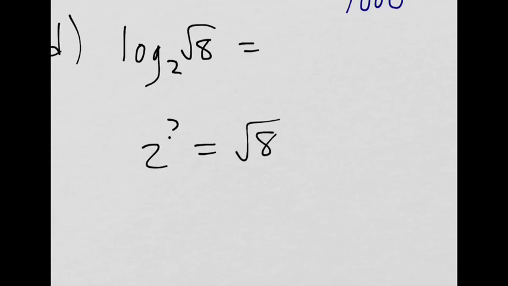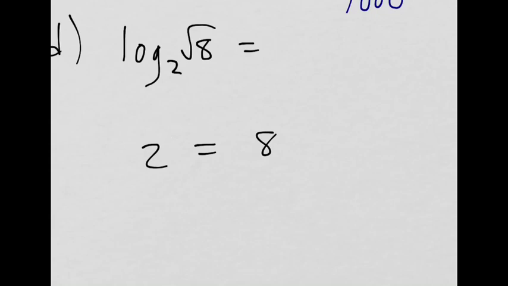It's a little tougher one. 1.5? Why? Because my calculator said so. Okay, but you can do these in your head. Maybe just think first, 2 to the power of what equals 8? 3, right?